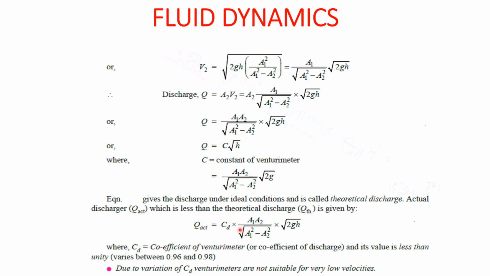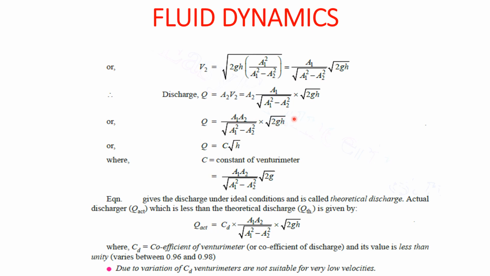And therefore, the coefficient of discharge always varies between 0.96 to 0.98. This is the value of coefficient of discharge. And the experimental determination of how to determine the coefficient of discharge, that also we are going to cover in the further lectures.